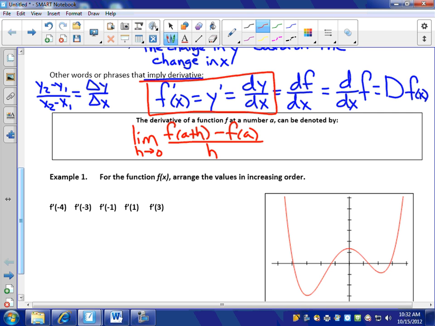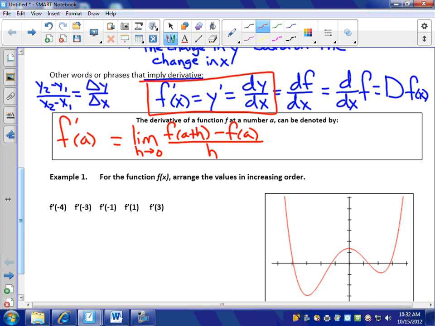Hold on. That is now equal to, before I wrote slope, right? We're now going to call that f prime of a, the derivative of the function at point a.